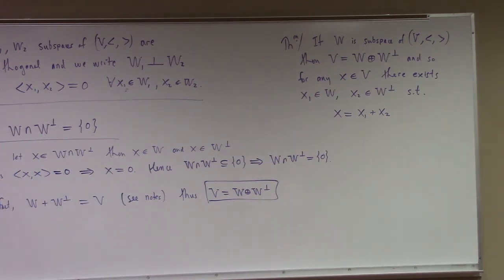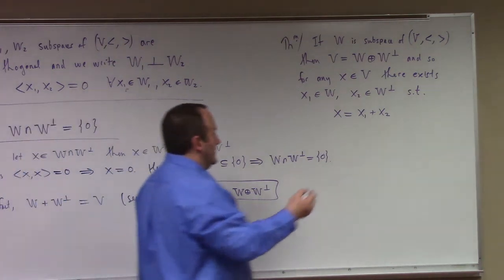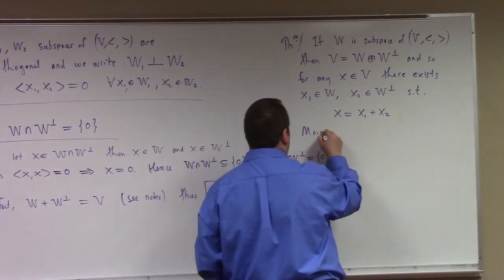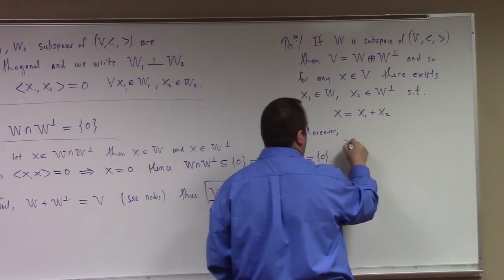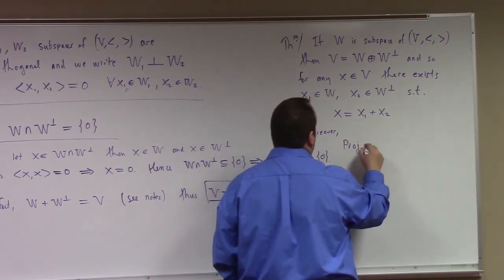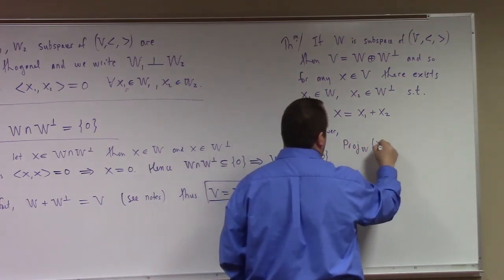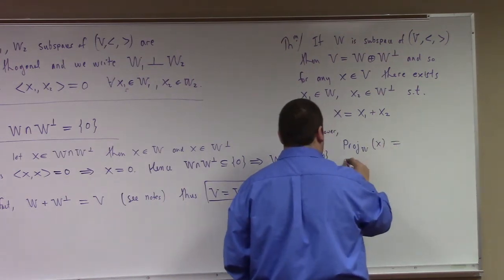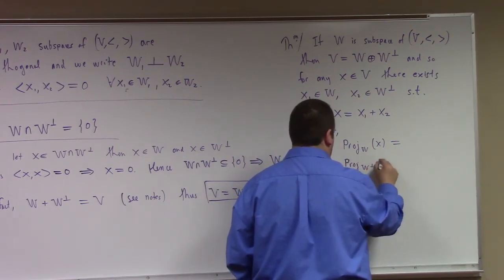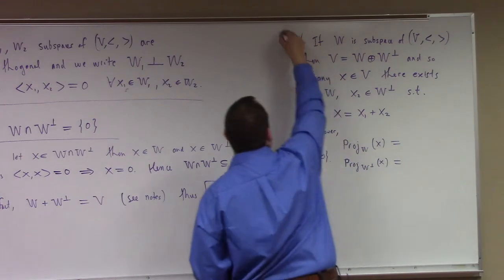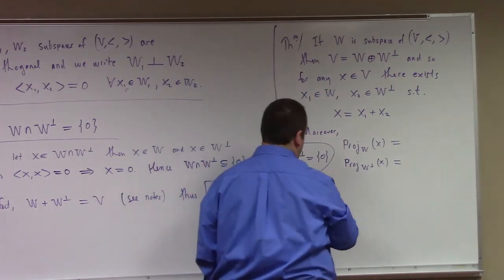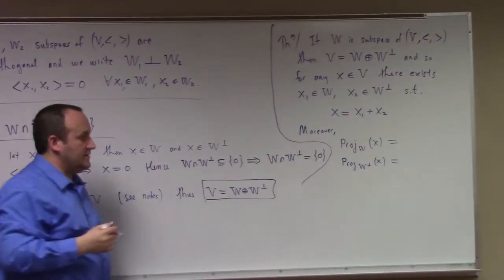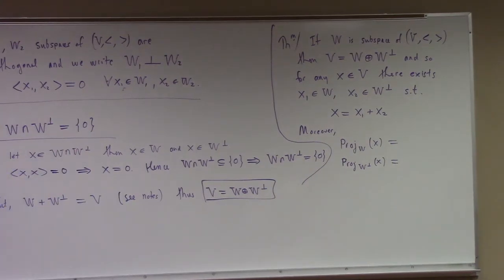But we can say more than this, in fact. Moreover, the projection onto W of x is equal to what? The projection onto W perp of x is equal to what, in the notation I'm using on the board right now? Can you tell me what I should write there?